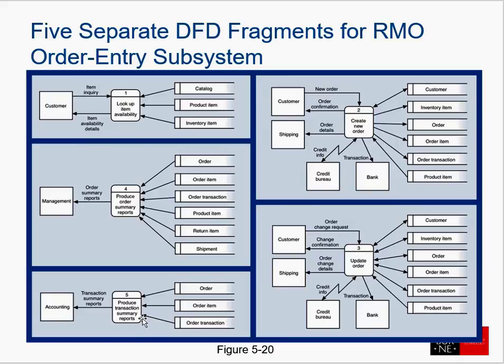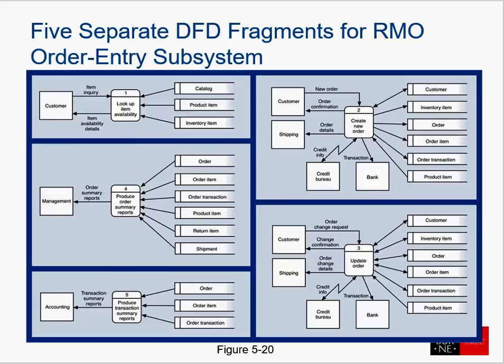Now you can see there are numbering systems there. It's basically arbitrary numbers you can give. It's not showing that we need to execute process 1 then process 2. It's not that. Actually it's a number that we put to identify each of these use case fragments clearly.